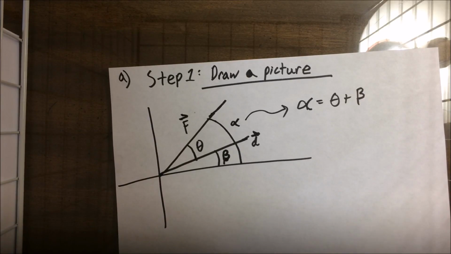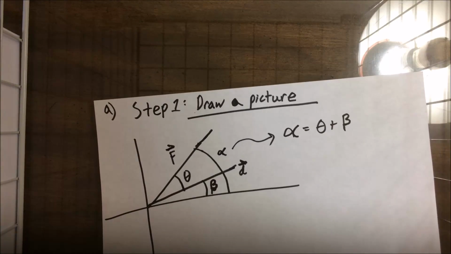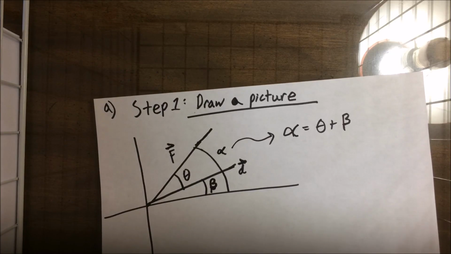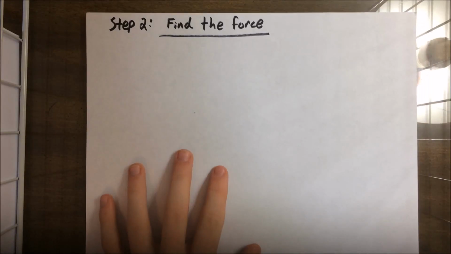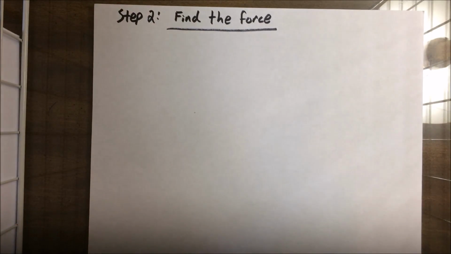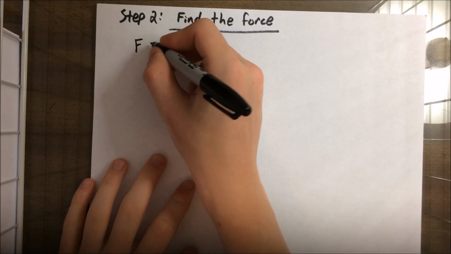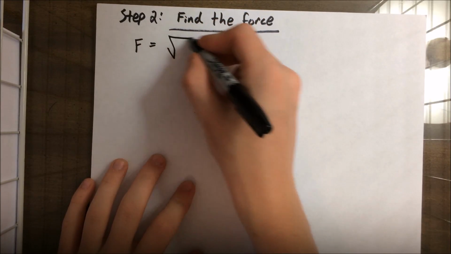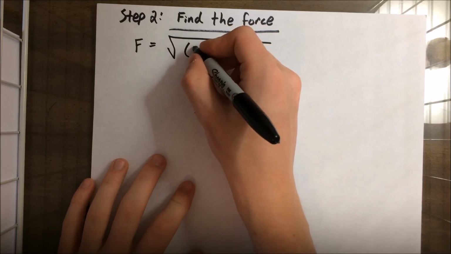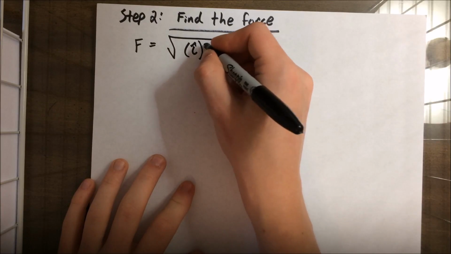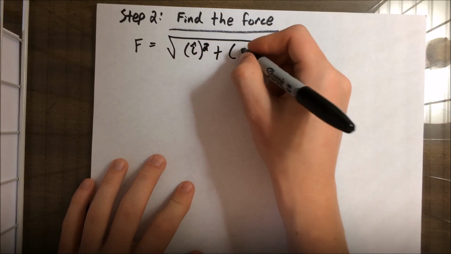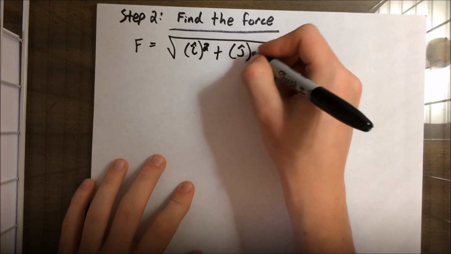Okay, so then in step 2, we're going to find the force. What we need to know is that the force is equal to the square root of i hat squared plus j hat squared.